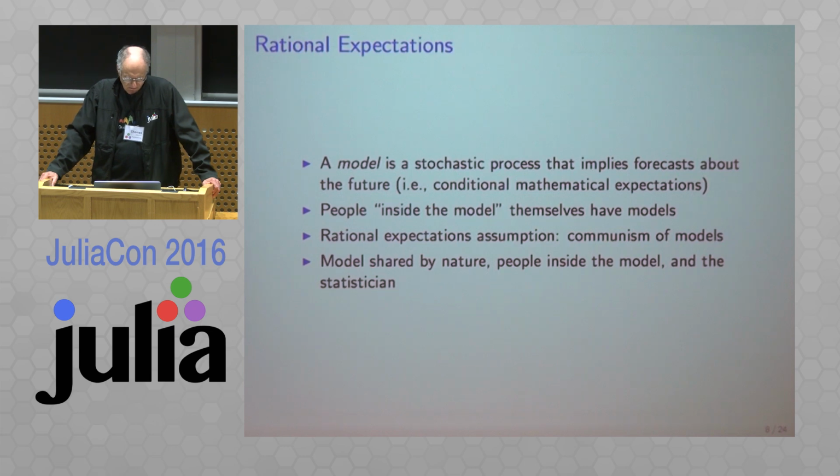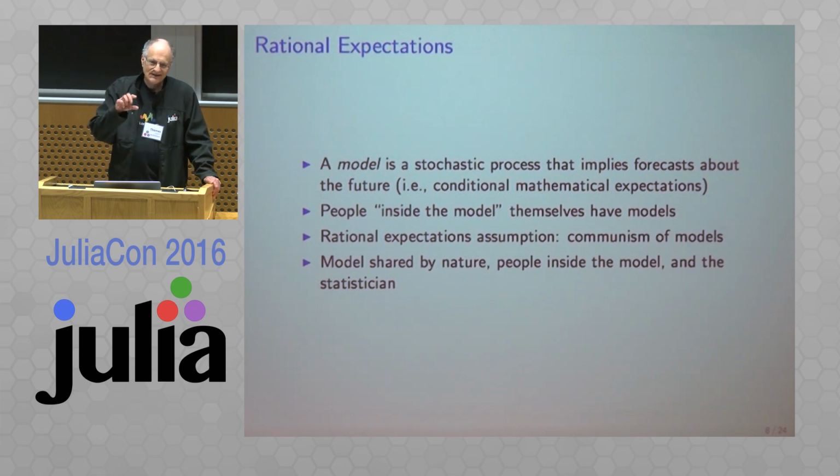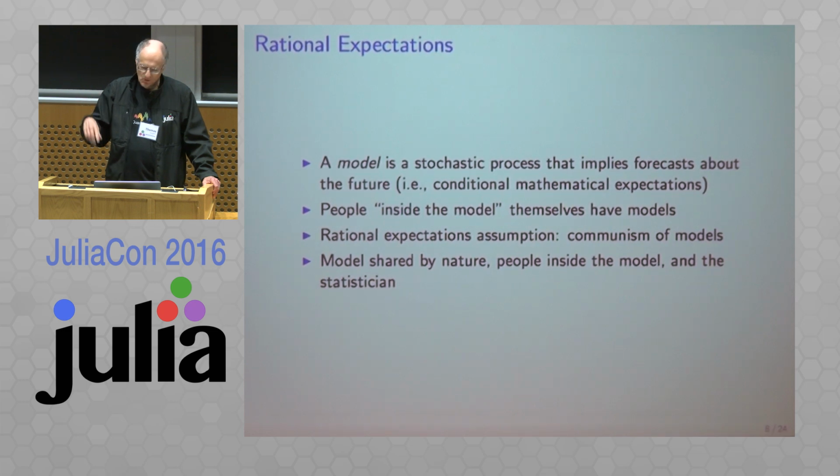So there's a communism of models, and those are shared by nature, people inside the model, and the statistician. And what that does is give you a lot of power to test the model, because we write down likelihood functions, we do generalized method of moments, and we use laws of large numbers, and when we use E, a mathematical object, is equal to 1 over T times a sum, we're ruthlessly using that.